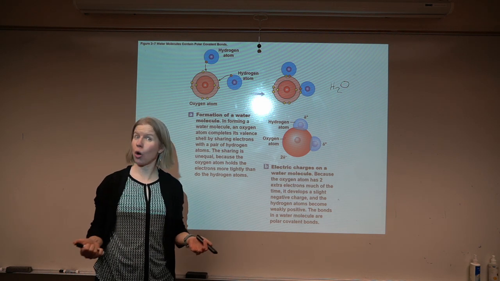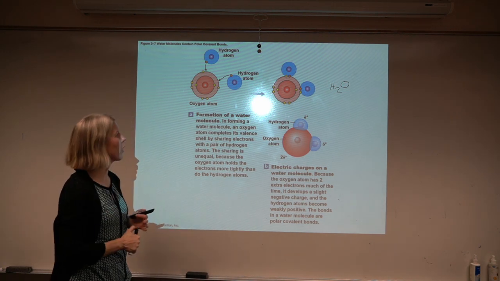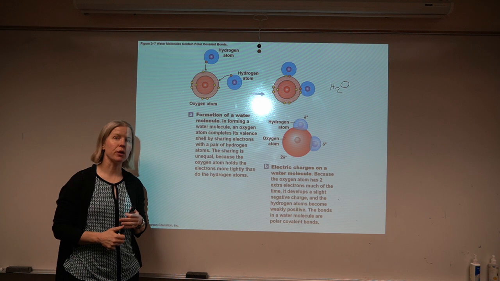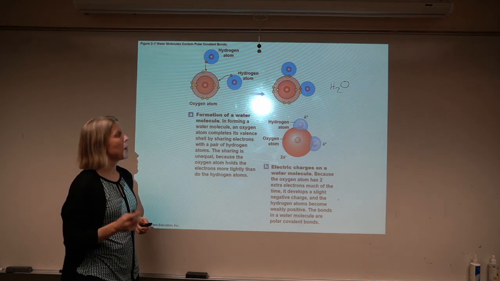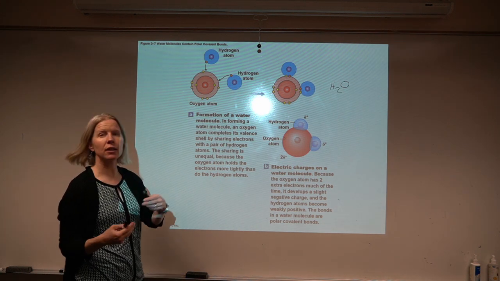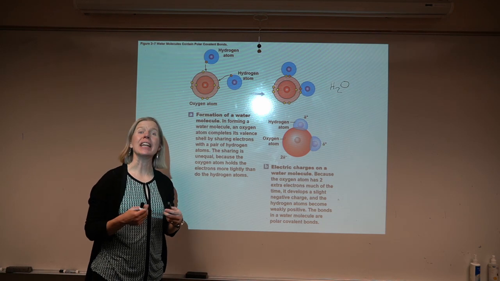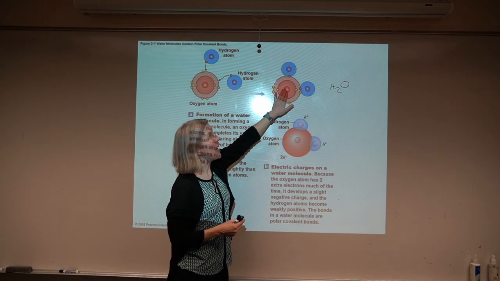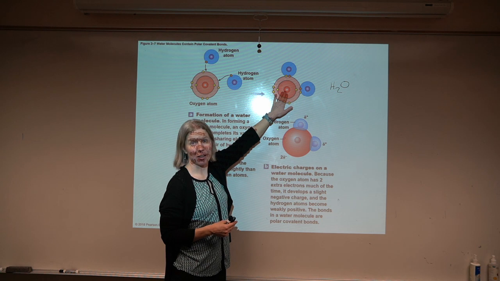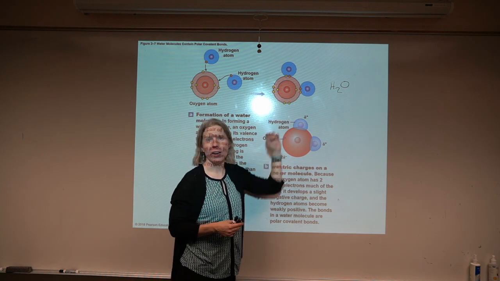Now, this is a covalent bond because those electrons are shared, but one of the things they're trying to show you here is water is a really unique molecule, and what happens is the electrons get shared unequally, right? There are 8 protons in the nucleus of oxygen. There is only 1 in hydrogen.